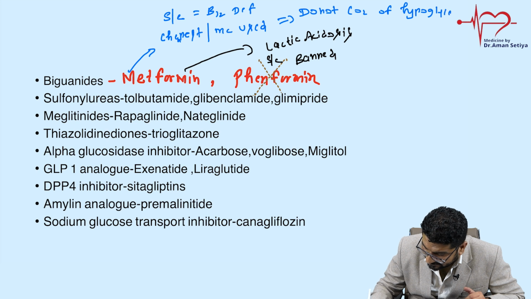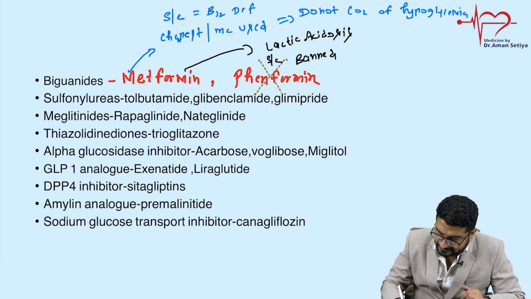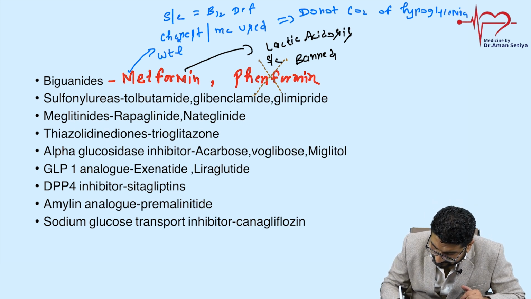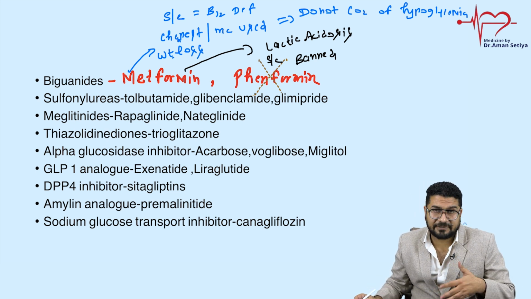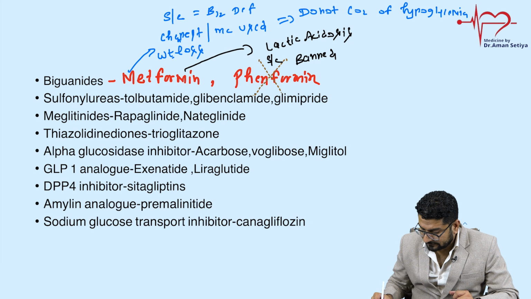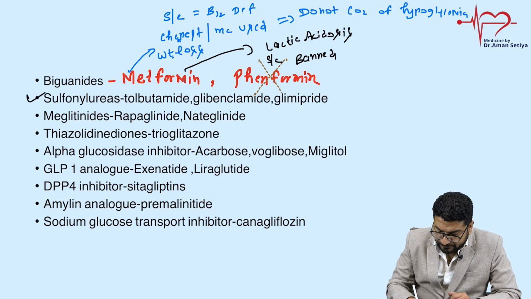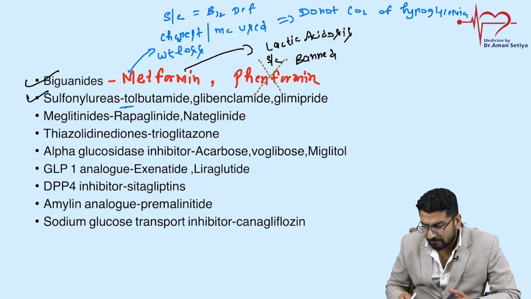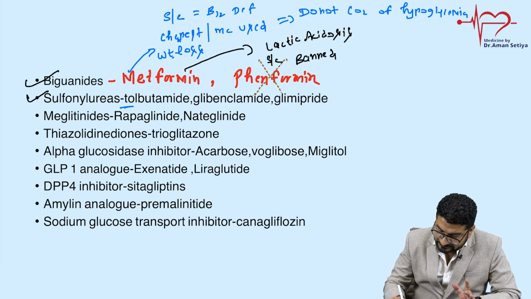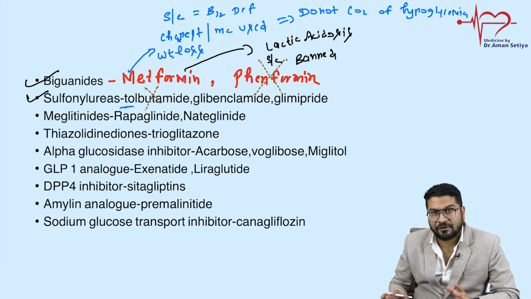That is why it's very, very important. And when I talk about weight, remember, this will cause weight loss. Diabetes patients are always angry about gaining weight, so this causes a little weight loss. Then we have sulfonylureas, like tolbutamide and chlorpropamide. These are older generation, like rest in peace, no longer used.